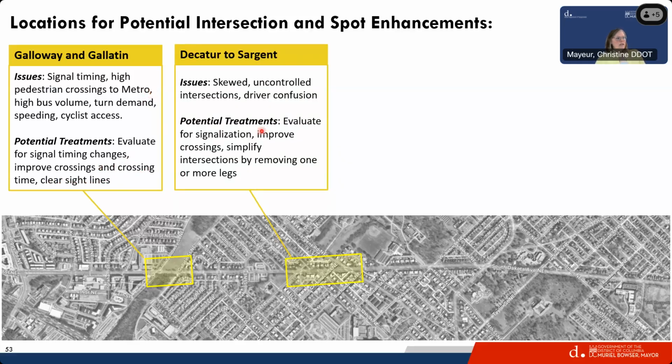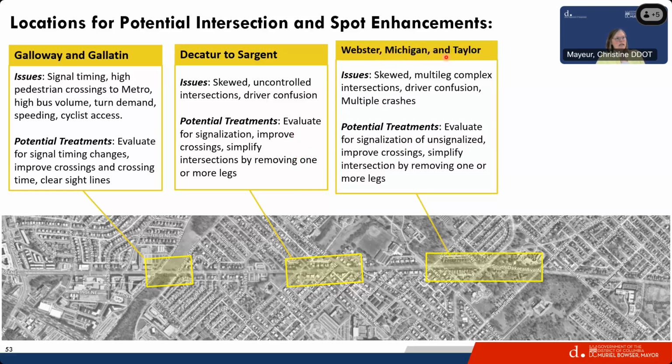For Decatur to Sargent, because of the skewed intersections, there's some uncontrolled intersections. There's a lot of concern about visibility and then driver confusion through here. Our potential treatments are to evaluate some of these intersections for signalization, potentially simplifying some of those intersection legs by removing one or more, or making one way, just to improve operations and simplify.